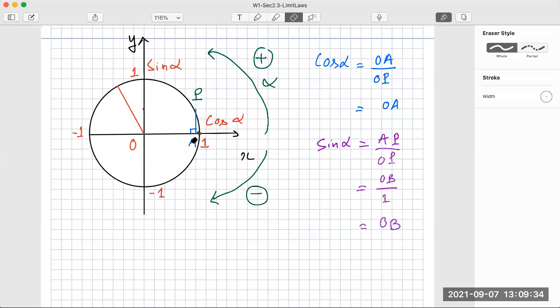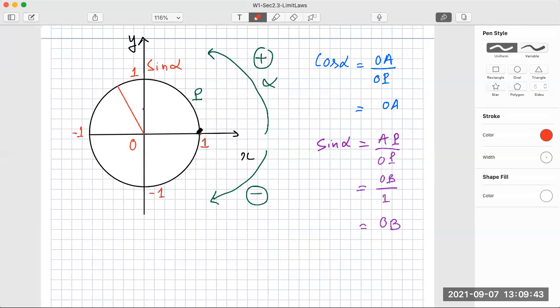If I give this angle, again in radians, the angle will start from this position and run up to this point, and we call it beta.